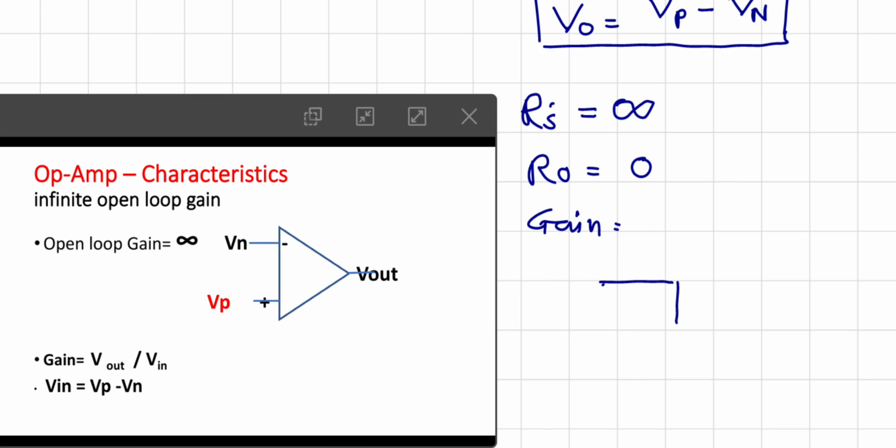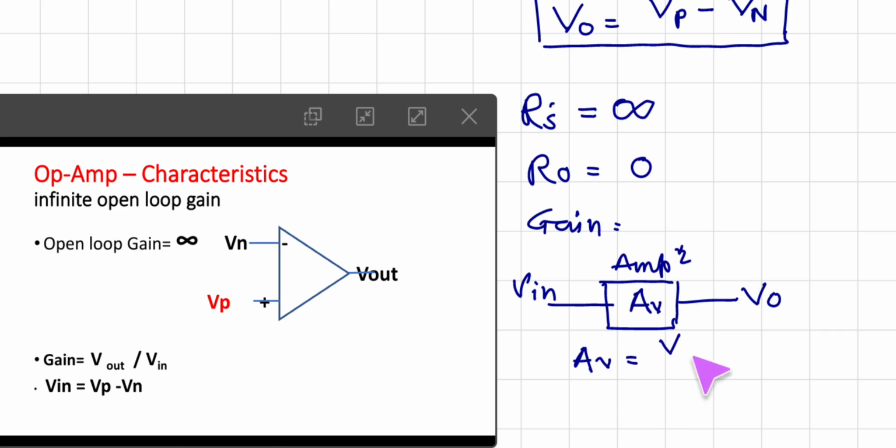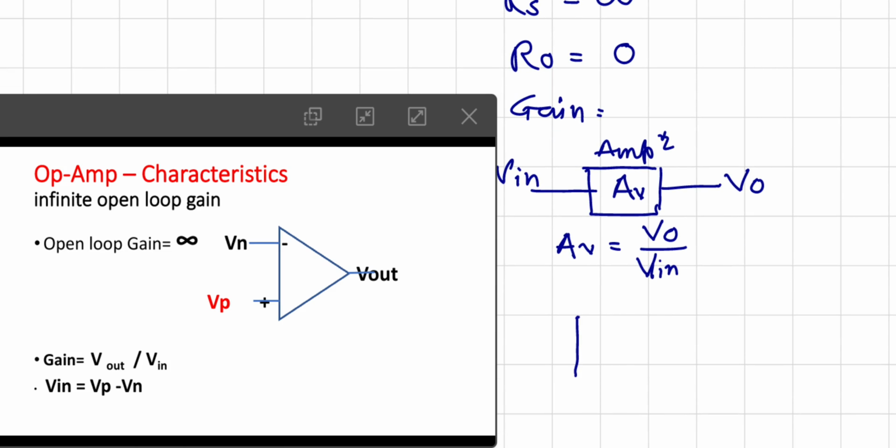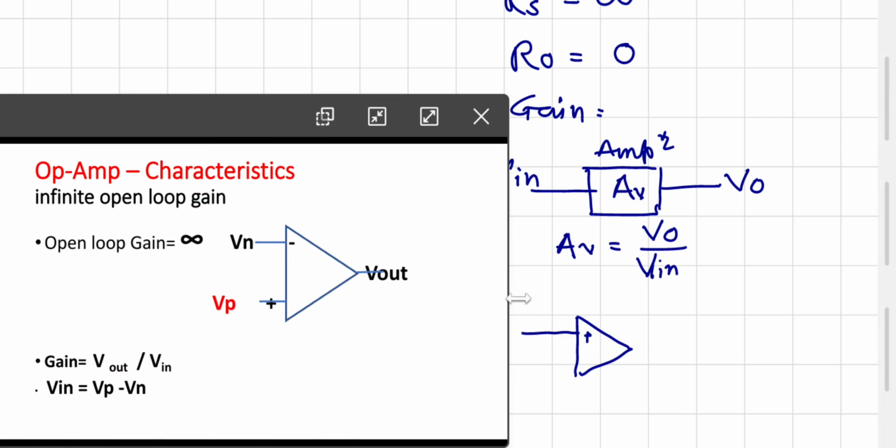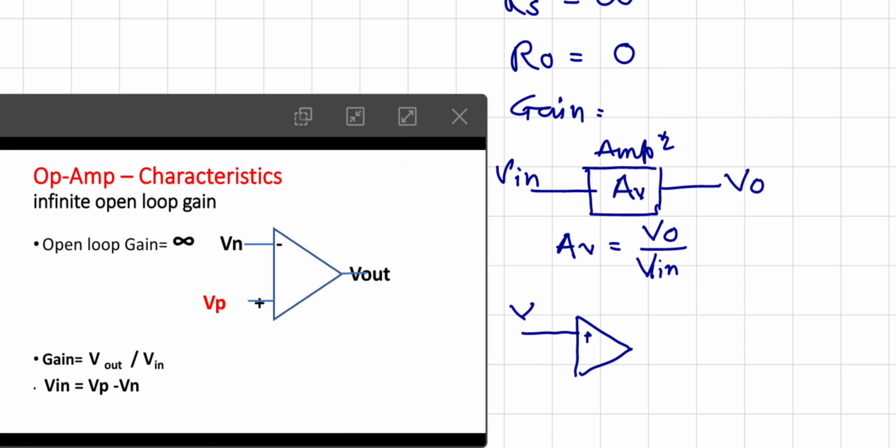If this is an amplifier, this is the input terminal, that is Vin, and here is the output. Av, the voltage gain of an amplifier, is basically Av equal to Vo upon Vin. But when we talk about an operational amplifier, this is the non-inverting terminal which has, suppose, input voltage Vp, and this is the inverting terminal which has input voltage Vn.